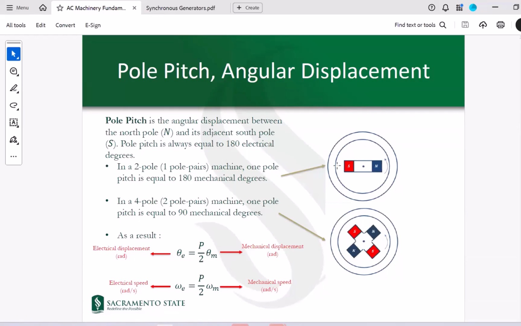But the number of poles in the machine determines the mechanical pole pitch. In a four-pole machine, for example, the pole pitch would be 90 mechanical degrees, but 180 electrical degrees, if that makes sense. This would determine the electrical displacement versus mechanical displacement, and electrical speed versus mechanical speed, which are related by P over 2, where P is the number of poles in the machine.